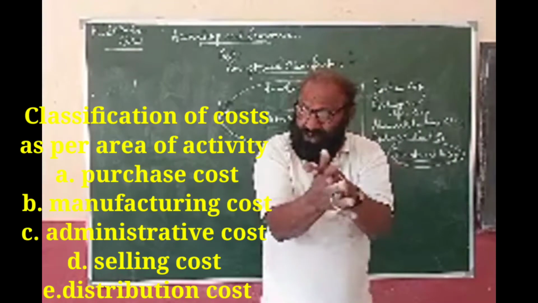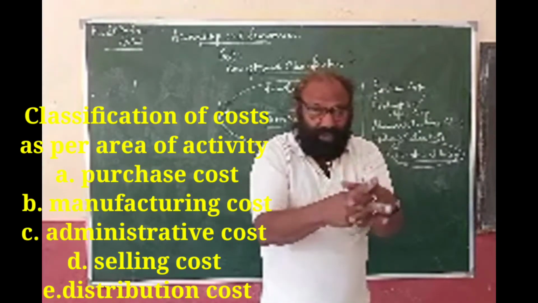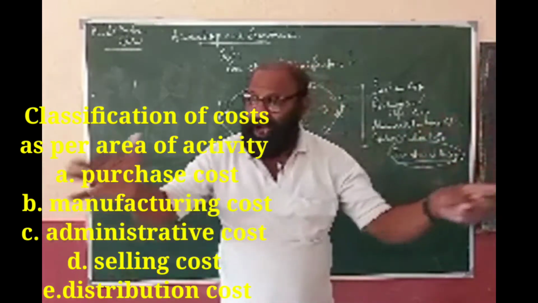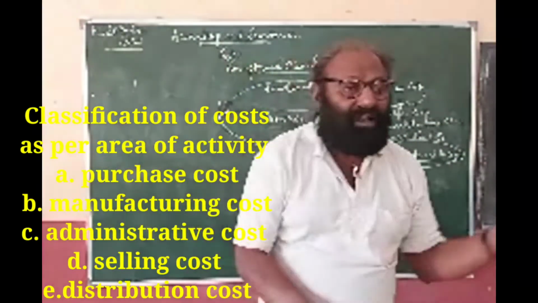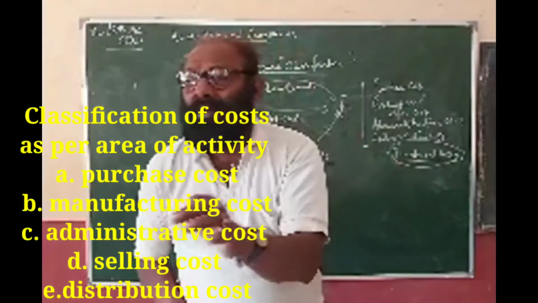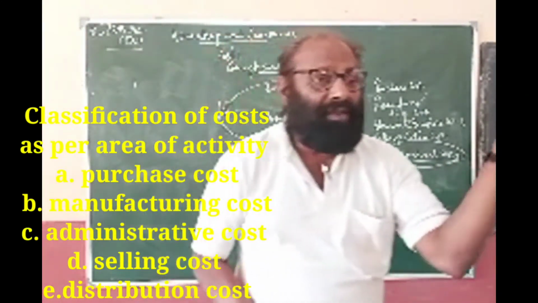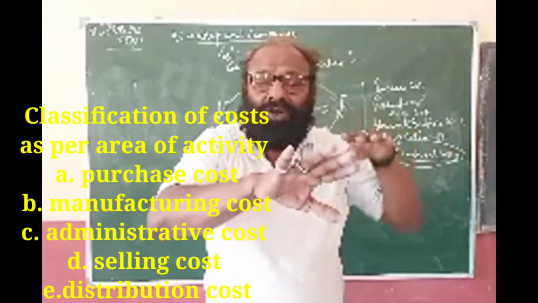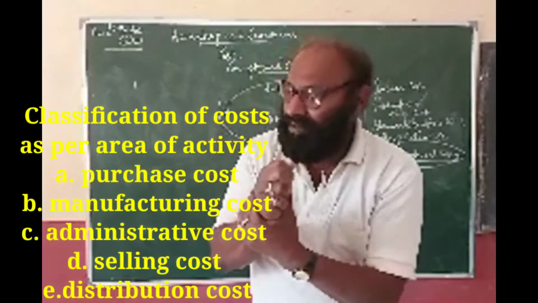Now what are the costs involved? The basic cost of the woods, which is a very high amount, and the transportation cost. You might have given some brokerage, some commission. So all these are the total cost of the collection of the woods.